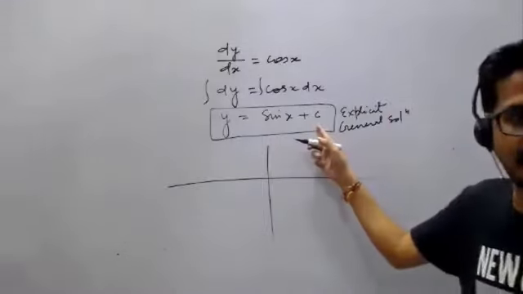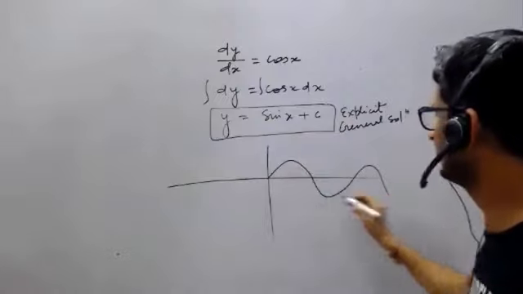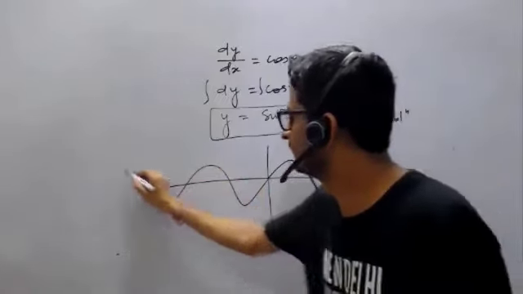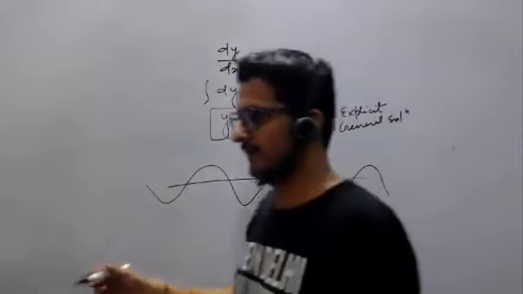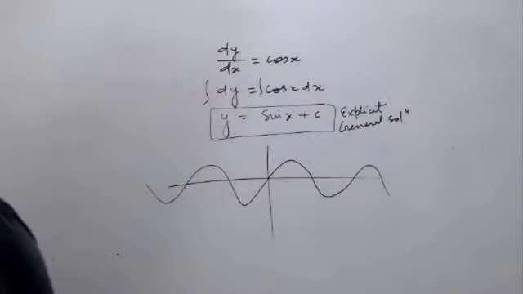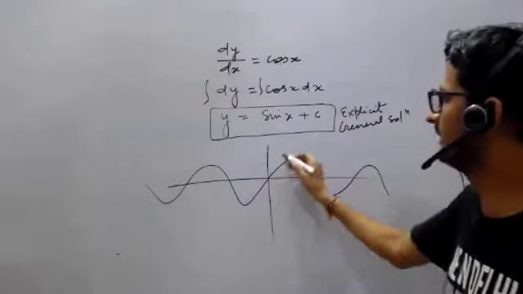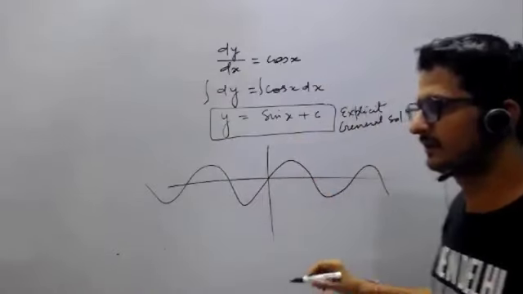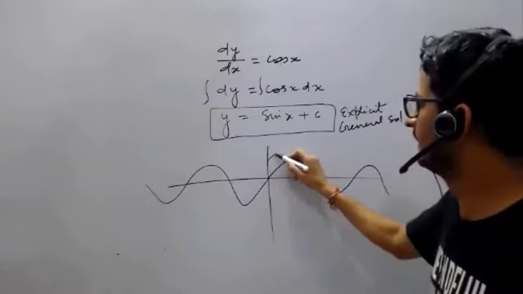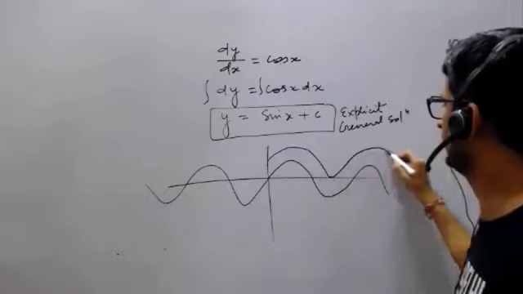So first one I am taking when c is 0. Simple, it will become like this. This is the graph when c is equal to 0. Now suppose the value of c is something, let us take 1 and minus 1. So c is 1, so at x is equal to 0 it will become 1, and then it will come like this, and it will touch here, and it will go like this.